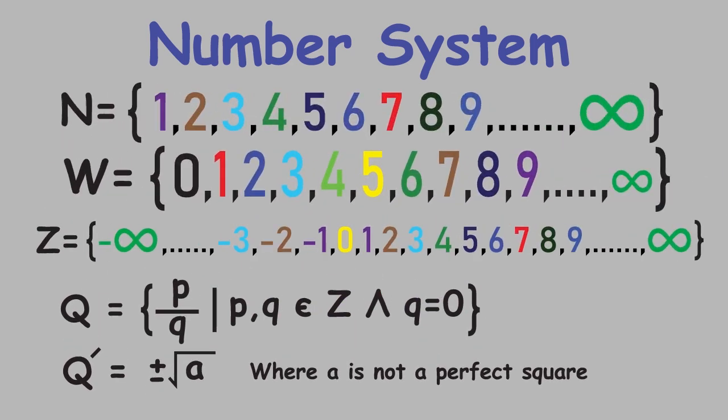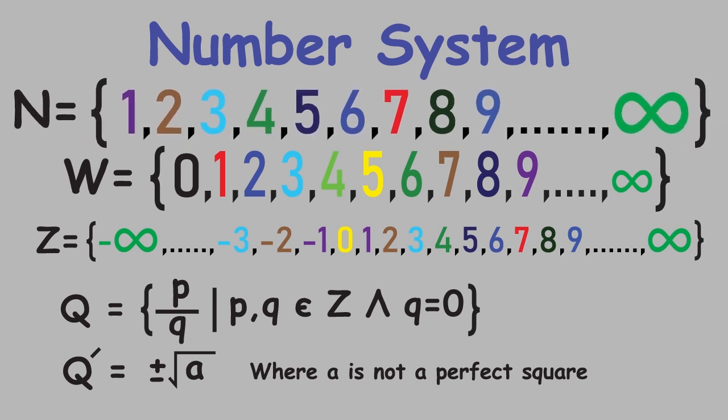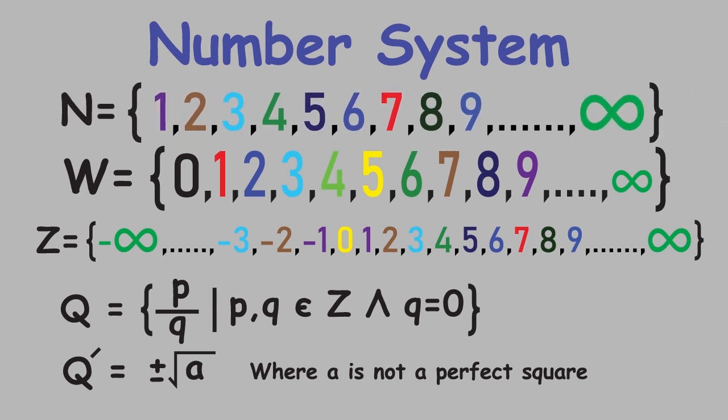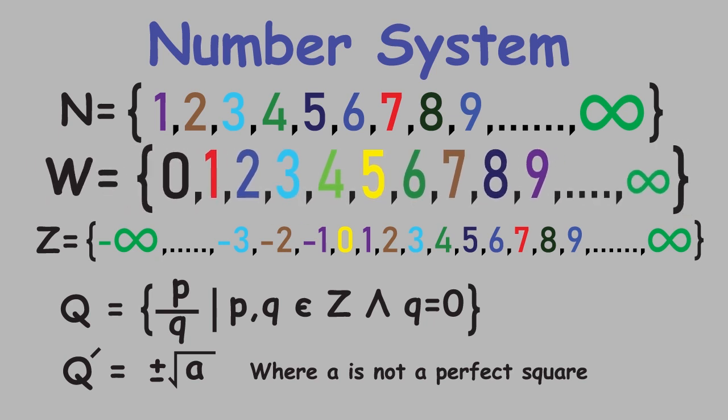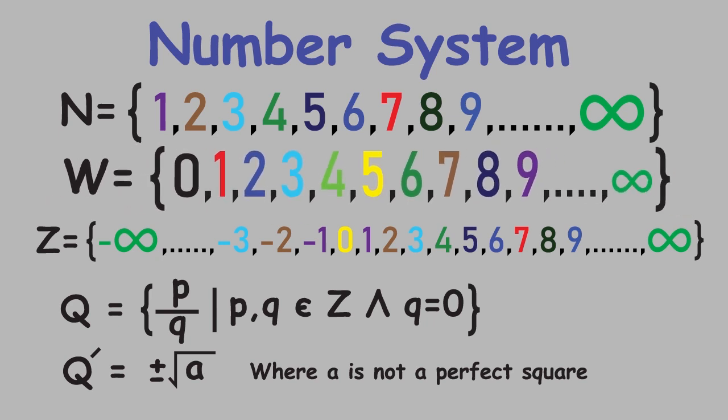Students, look carefully at all the sets. You will see the set starting from natural numbers, and if we add 0 to the natural number set, the set extends to whole numbers. If I add the negative numbers to the whole number set, the set extends to the integer set. And if I add all the fractional numbers to the integer set, the set extends to the rational number set.